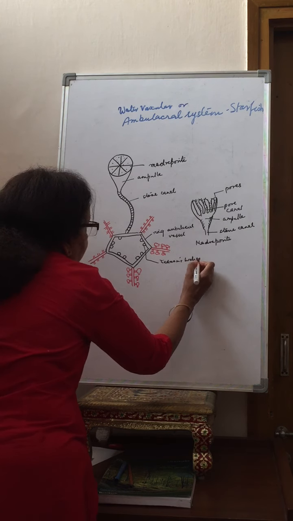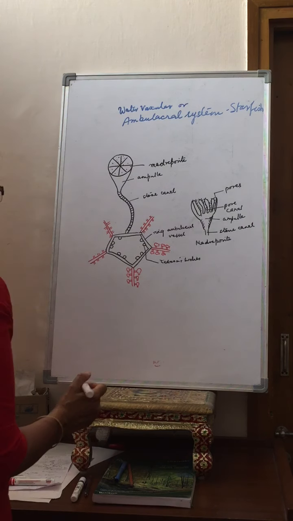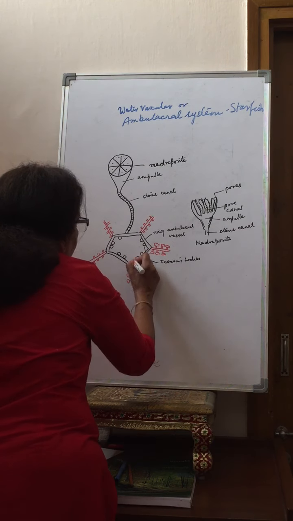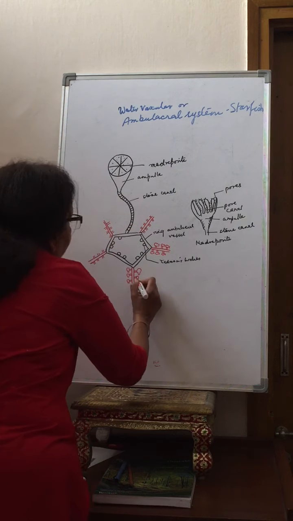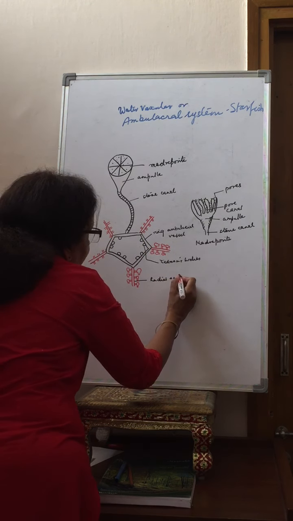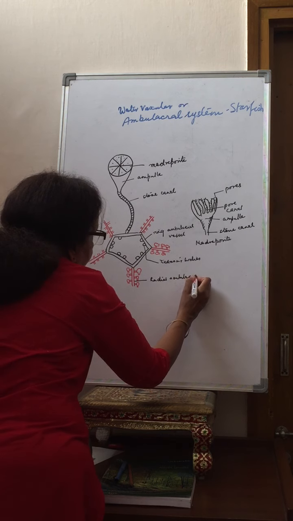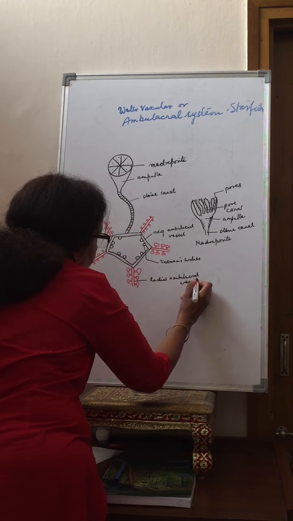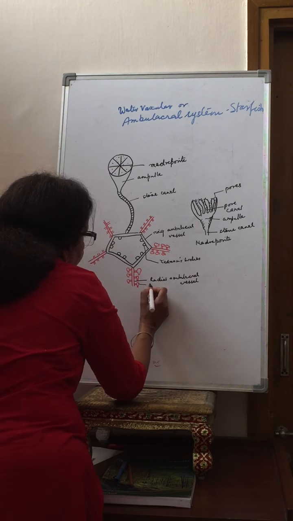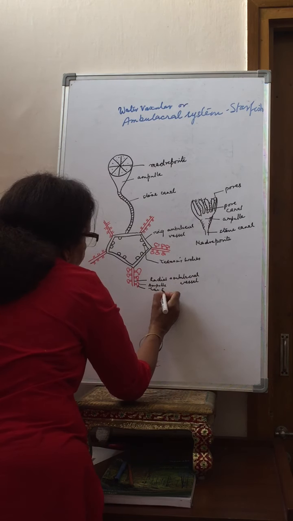The ring ambulacral vessel leads to radial ambulacral vessels, which lead to the ampulla, tube feet and sucker.